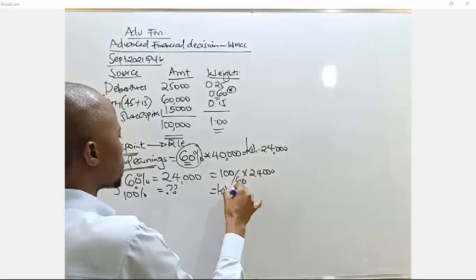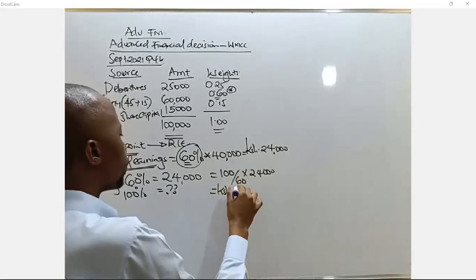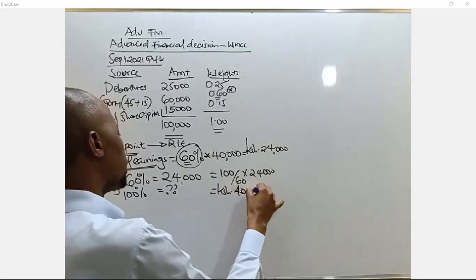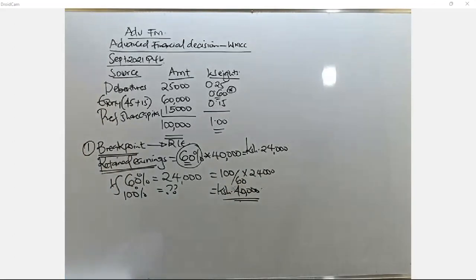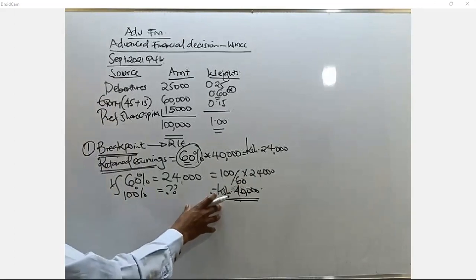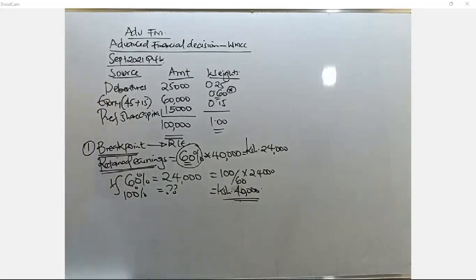So the examiner was asking you, if you are not going to be giving out anything, how much can you retain? In that instance, you're going to be retaining everything that the company was able to generate in terms of the profit after tax.